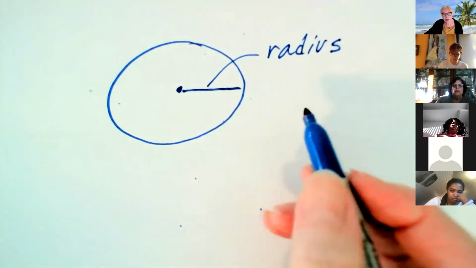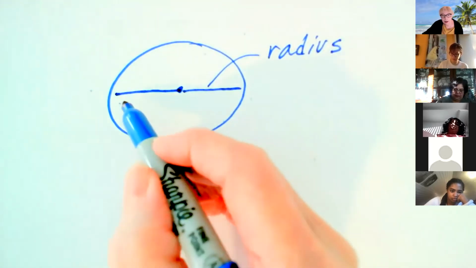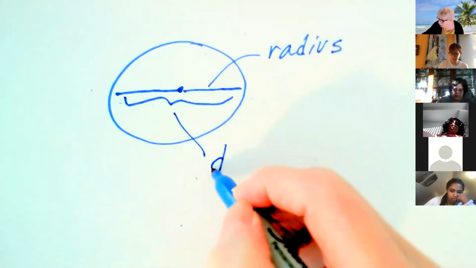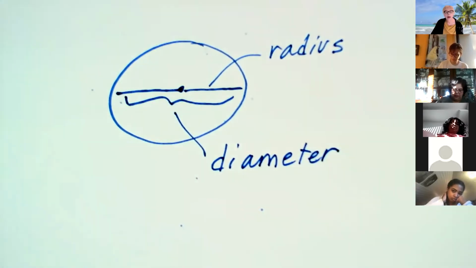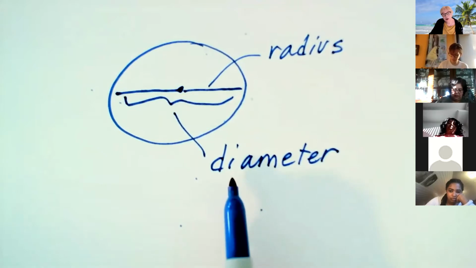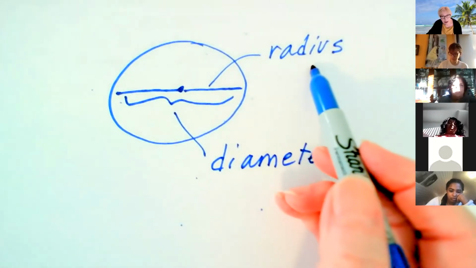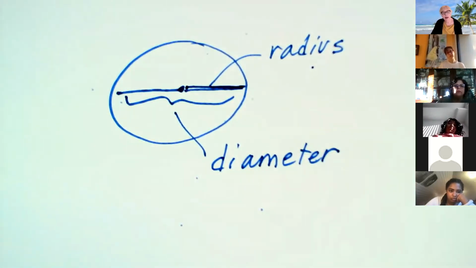And then if you measured all the way across, the whole thing would be called the diameter. When we do the formula, sometimes it's easy to use the diameter and sometimes it's easy to use the radius, because the radius is just basically from the center out. And so we need to be able to go back and forth very nicely.